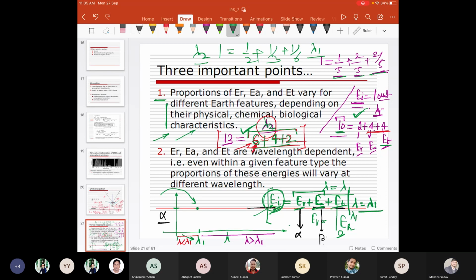Got it? Yes. So now the query is, if I plot wavelength versus alpha curve, and if I draw it as a step signal, is it correct? Yes, sir. Alpha is parallel to wavelength, the value is 0.5.